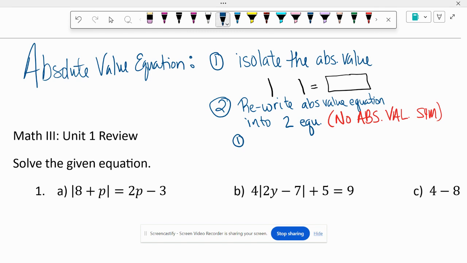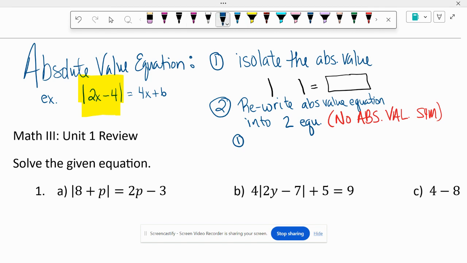So I'm going to give an example. If I had the absolute value of 2x minus 4 equals 4x plus 6. The absolute value is already by itself, right? This is the only thing that is on the left side of the equal sign. So it's already isolated.